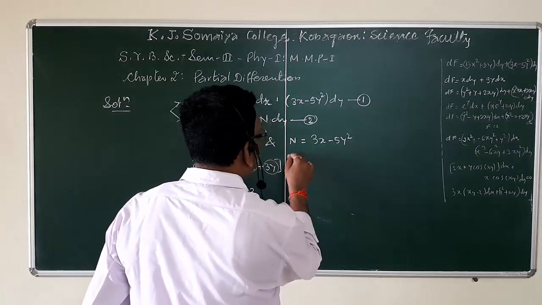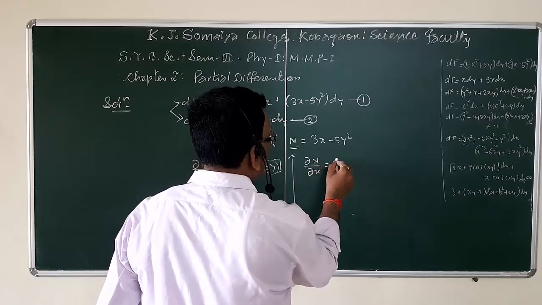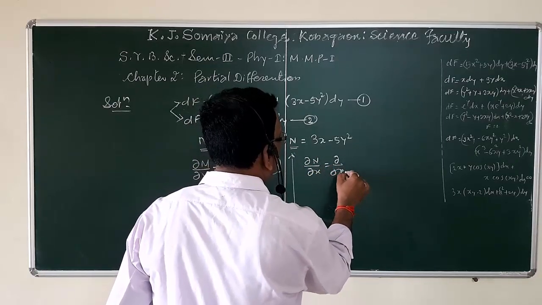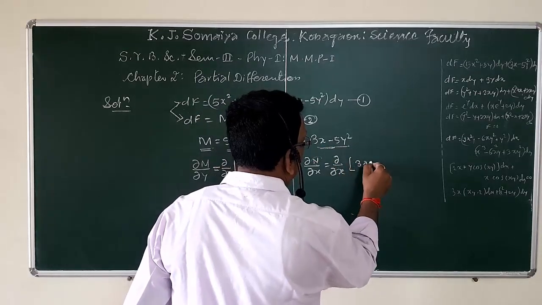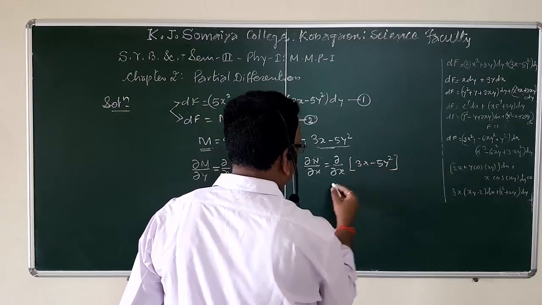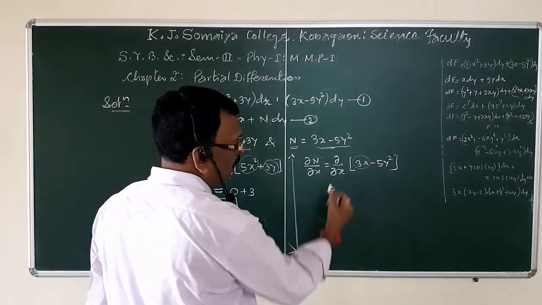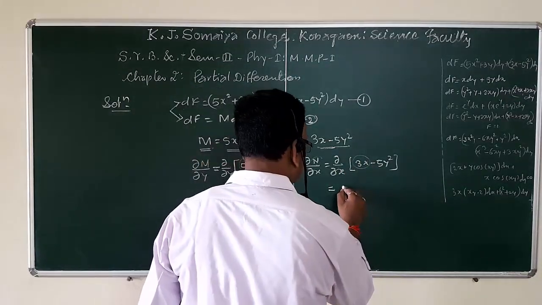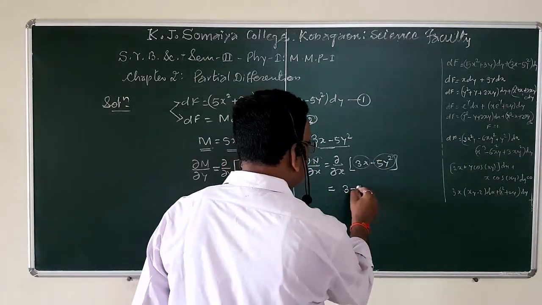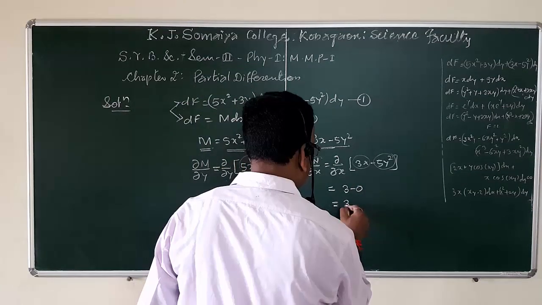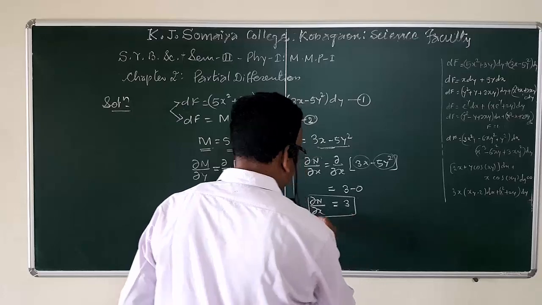Similarly, when we take the differentiation of n with respect to x, we have del by del x in bracket, substituting the value of n here, 3x minus 5y square. Differentiation of 3x with respect to x is 3 and differentiation of the term minus 5y square with respect to x is 0. Therefore, the final result is 3, that is del n by del x is equal to 3.